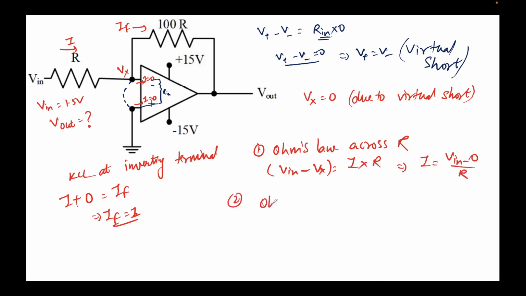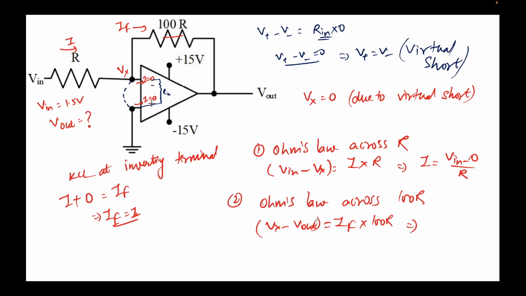Now let's apply Ohm's law across 100R, the other resistor in the circuit. I'll write the potential drop, Vx minus V out, across 100R, equal to the current flowing through it, IF, times 100R.